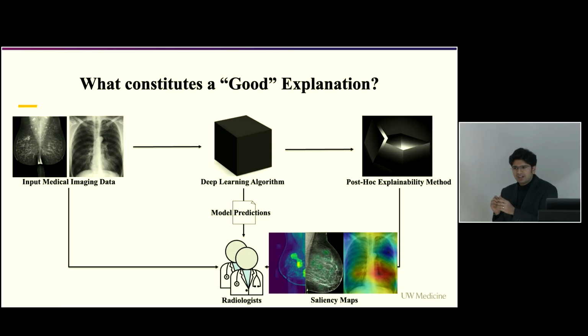These are algorithms that are designed to highlight imaging features which are deemed relevant by the deep learning model. And the ability to infer the salient regions of medical images that are crucial for models' predictions can help interpret the underlying inference mechanism, the decision-making process of these robust, generalizable, but black box deep learning models.